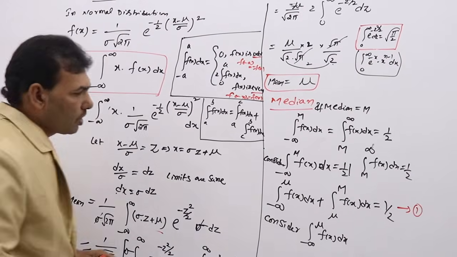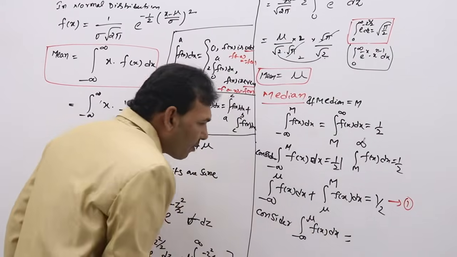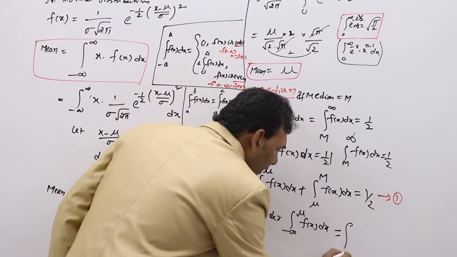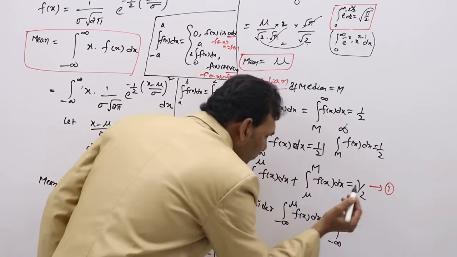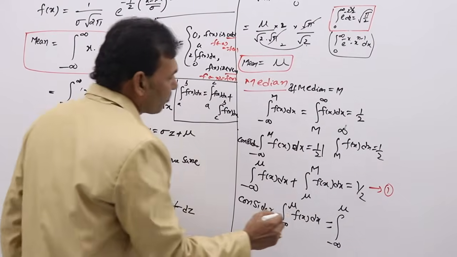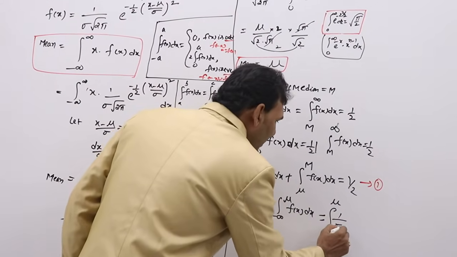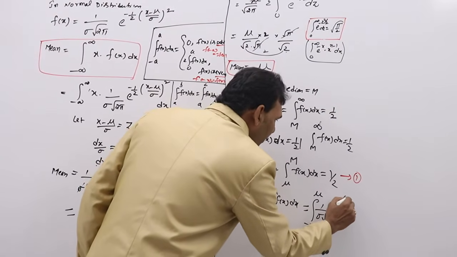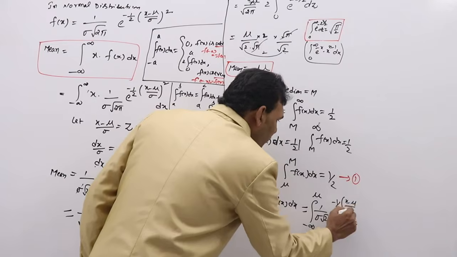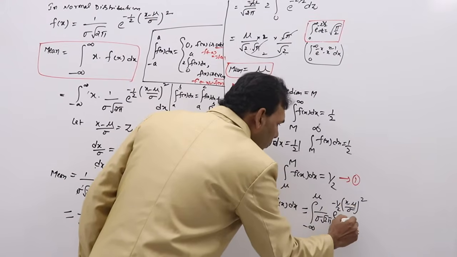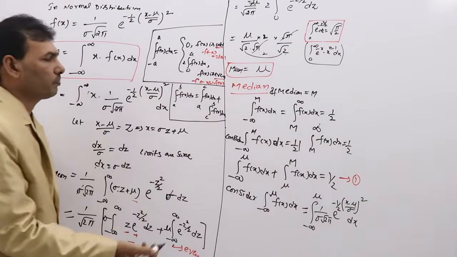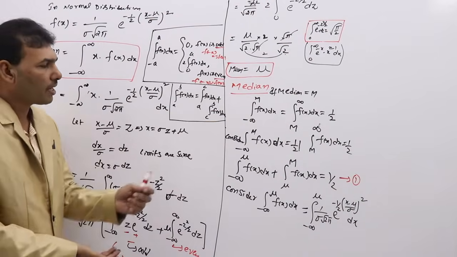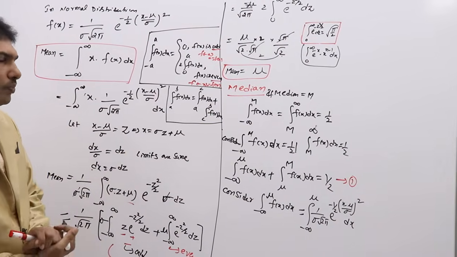Then the integral from minus infinity to mu of f of x is 1 by sigma root 2 pi e to the power of minus 1 by 2 into (x minus mu by sigma) whole square dx. Limits are minus infinity to mu.